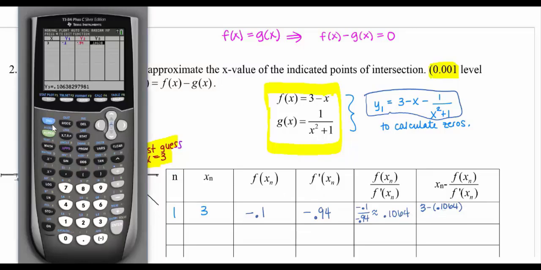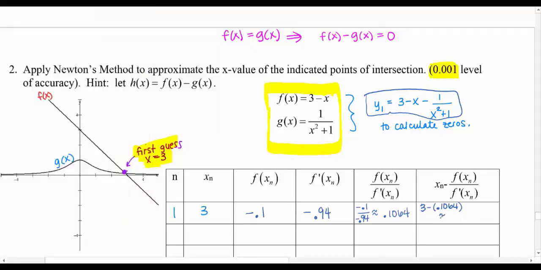So I'm going to go back to my home screen and say, what is 3 minus, just to be safe here, 0.1064. That should be 2.8936. So this guess will be 2.8936. So my second iteration will be 2.8936.